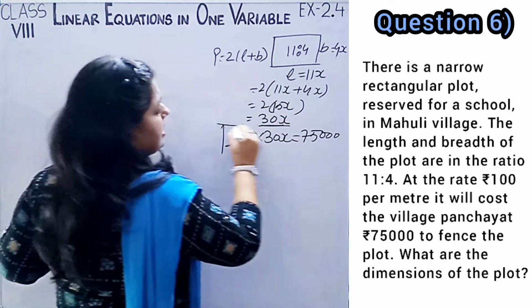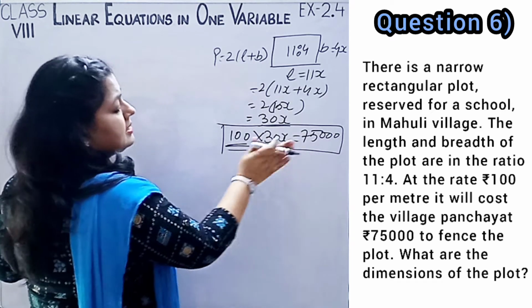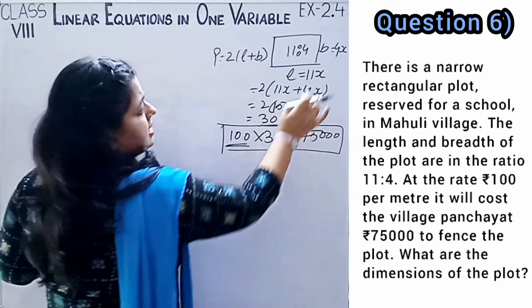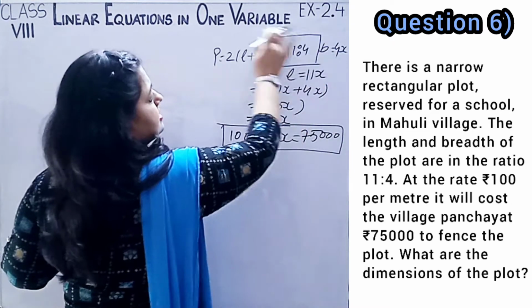This is our equation and we have to solve this. After this we will get the value of x, then we will put the value of x here and here. After that we will get the length and breadth of this plot.